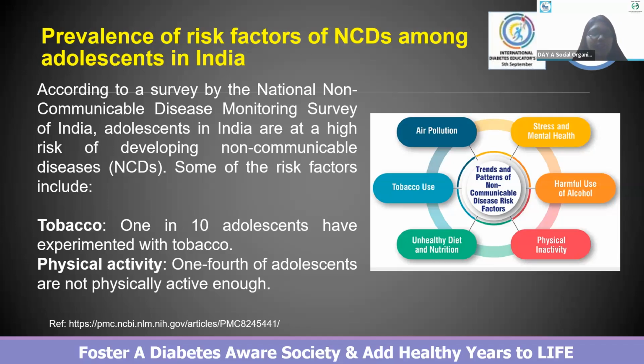Tobacco can be of different types. I think there is no need to mention what kinds of tobacco, as we are all healthcare providers and we know about that. And physical activity: 1 in 4 adolescents are not physically active enough, because mostly they are busy with screen time, with their laptops, tabs, and phones, and we can see that everywhere. Next.